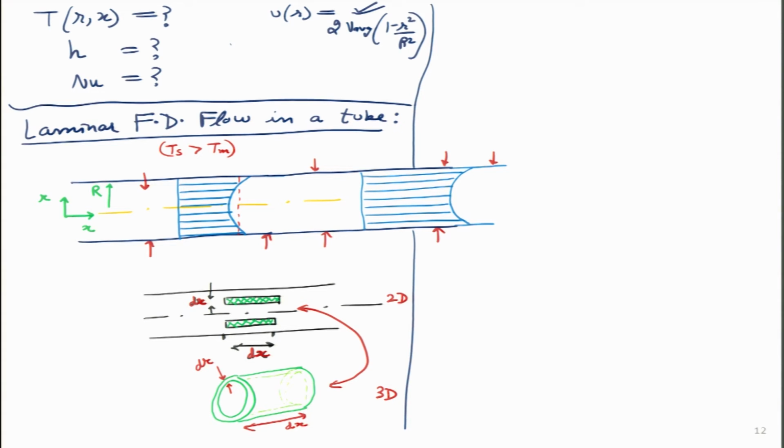Now, let us see, we want to perform an energy balance. So, how am I going to do the energy balance? I want to figure out how much energy is coming in because of the flow. So, I can write it in terms of its temperature, m dot Cp Tx.